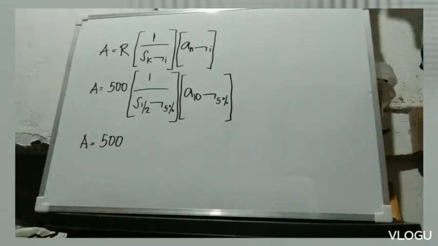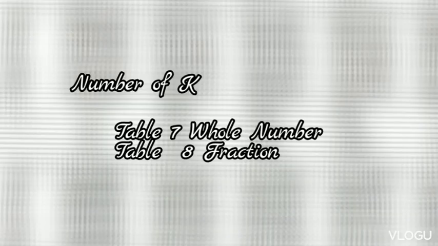So before that, if the number of your K is a whole number, the table of values that you're going to use is table 7, and if the number of your K is a fraction, the table of values that you are going to use is table 8. So in this problem, the number of our K is a fraction, so the table that we are going to use is table 8.